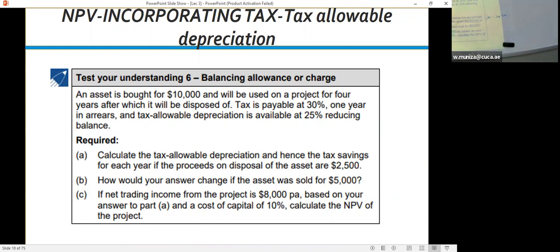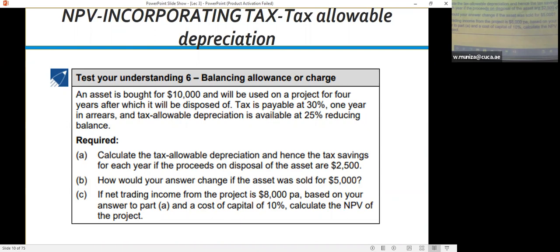So how are we going to calculate it, students? Cost is 10,000 minus depreciation. Depreciation rate is 25% reducing balance. So how much is it? 2,500. 7,500 is remaining.